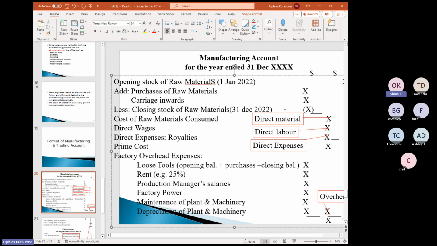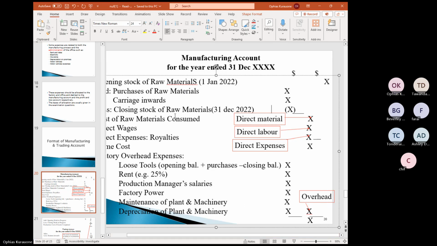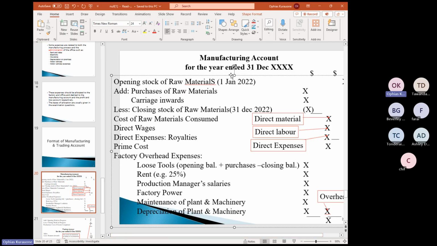If they say the opening inventory for Chuma Limited is 2 million, then you do the same. Make sure you understand that the opening stock is for when you are opening our books, and closing stock when you are closing our books.